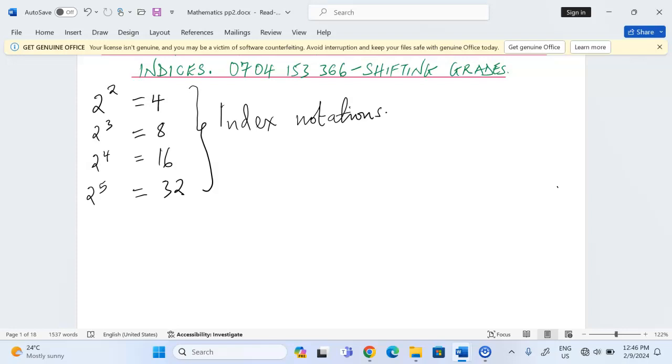We can change these ones to logarithm statements, whereby we say the indices are called logarithms of the given numbers.